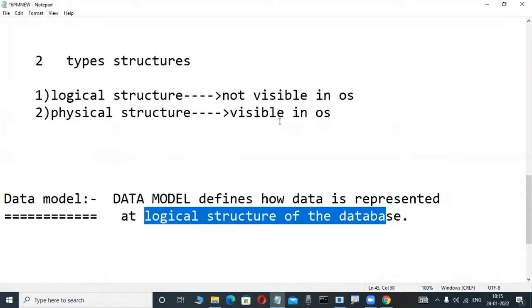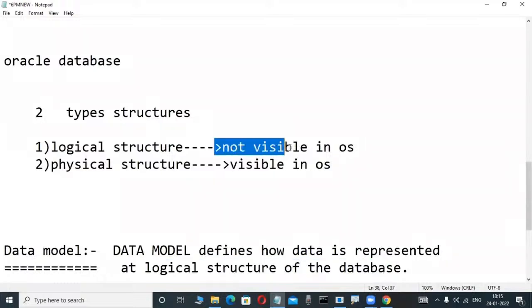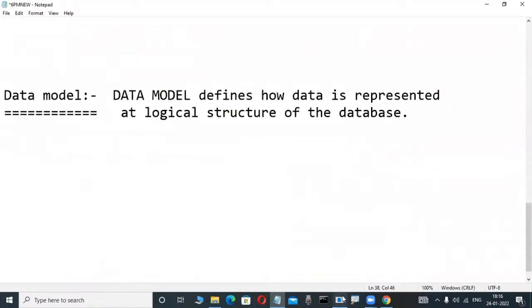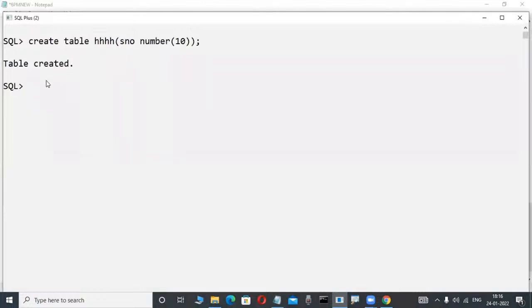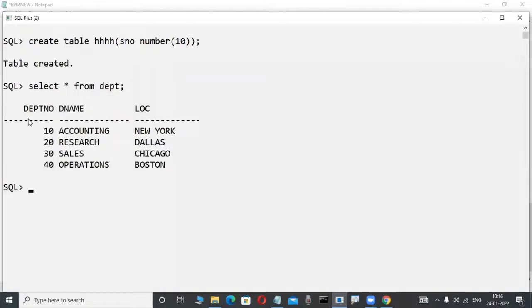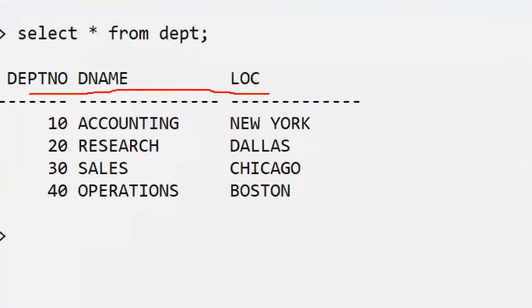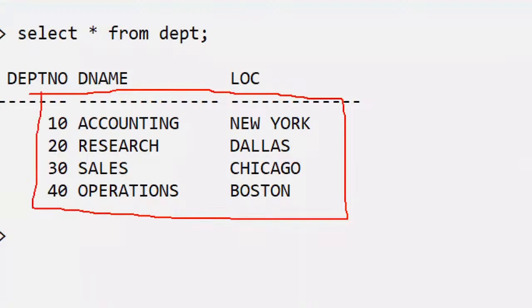In previous classes I told you that a structure which is not visible in the operating system is called a logical structure. Or maybe you are creating a table, which is not visible in the operating system, but that structure is visible in a database. Very good. Now in this database, how data is represented is specified in the format of records. But these collections of records are in matrix format, rows and columns only.